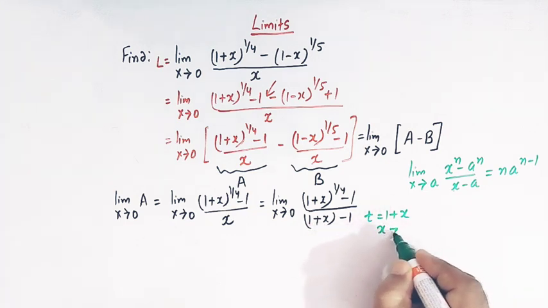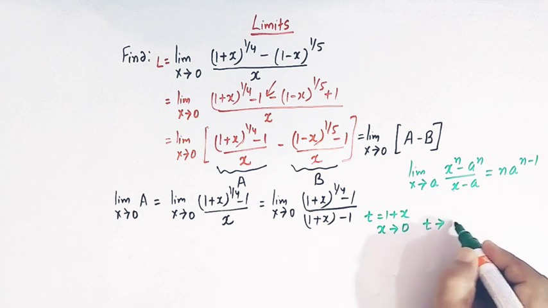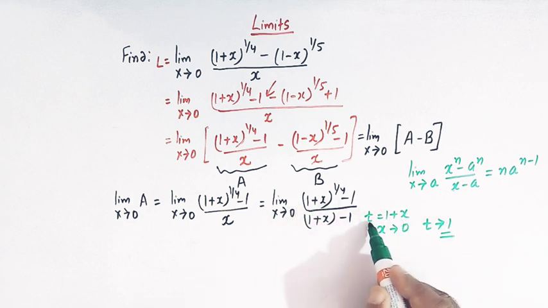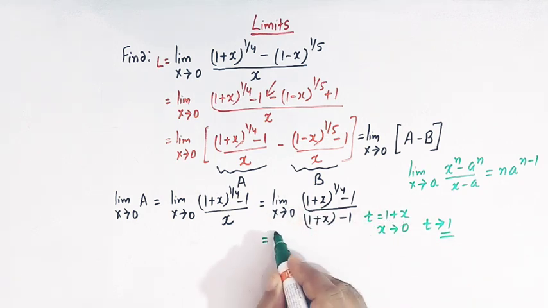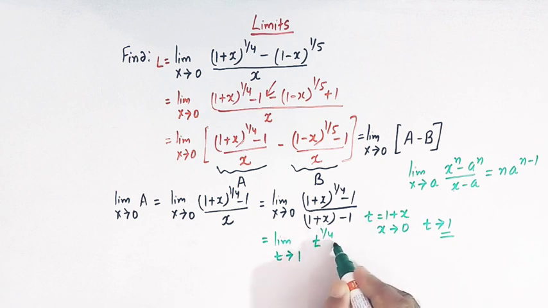Then when x tends to 0, t tends to 1 plus 0, that is 1. Replacing 1 plus x by t, this limit reduces to limit t tends to 1 of (t raised to 1 over 4 minus 1) divided by (t minus 1).